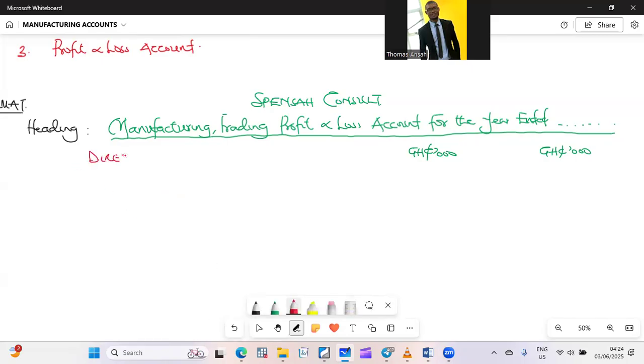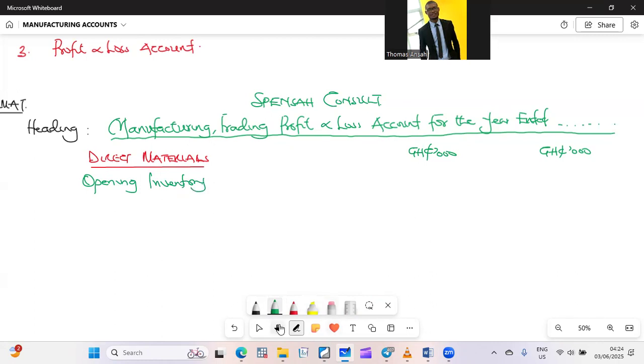Write nicely. That's what we learned, the cost structure, right? Direct materials. Now, the direct materials, you can underline it nicely and start with opening stock. It is opening stock of direct materials. That's what you are picking.